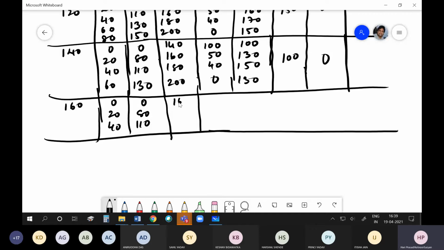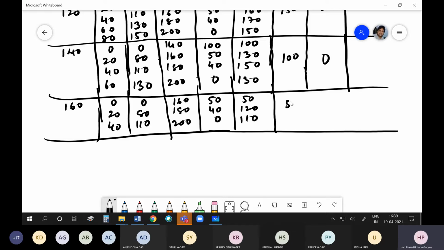S3 will be 160, 180, 200. These values are 50, 40, 0. So 50, 120, 110.